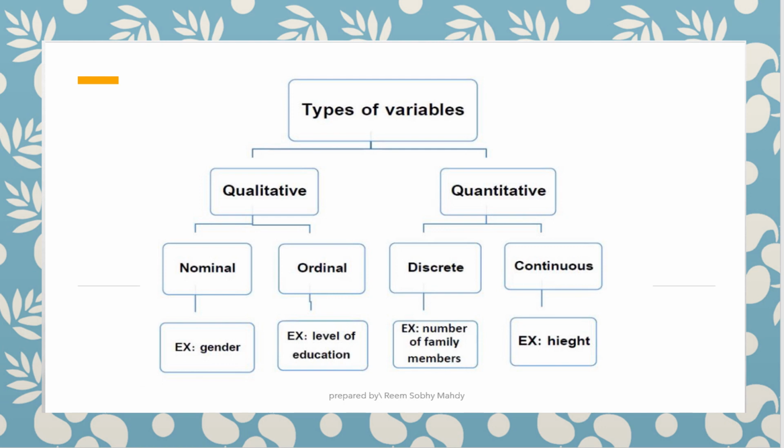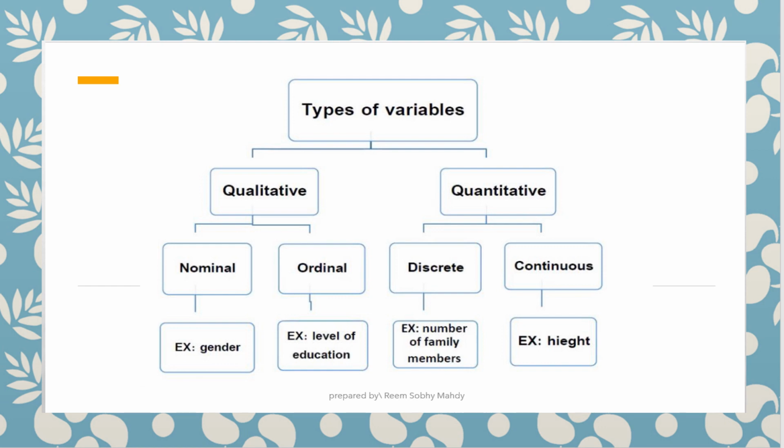Nominal variables are qualitative variables that can be classified into categories but cannot be arranged, such as gender, hair color, the place of birth and so on. Qualitative ordinal variables can be classified into categories and can be arranged, such as the level of education.